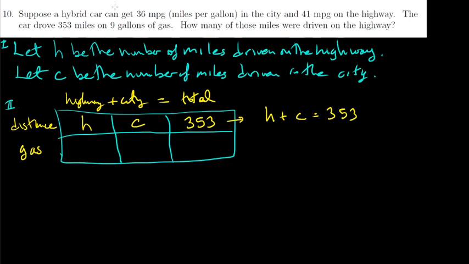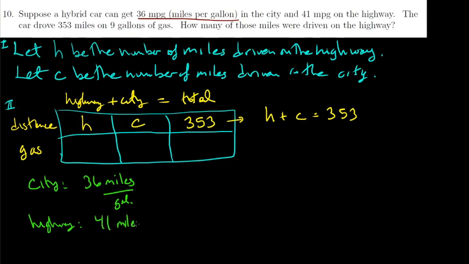Well, remember, in the city, we get 36 miles per gallon, so we get 36 miles for each gallon. And on the highway, we get 41 miles for each gallon.